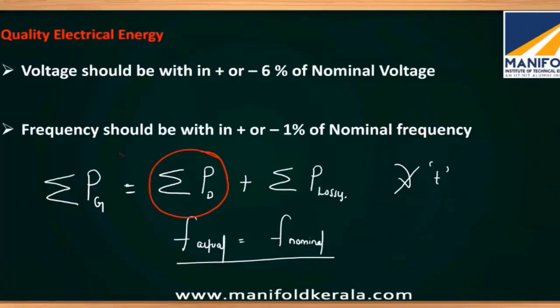That's why the frequency fluctuation will come. I'm just giving an overview. The complete topic is devoted to power system stability. Okay, so this is the basic idea why the frequency fluctuation comes. Frequency fluctuation comes because we are not able to match our generation with the loads and losses.